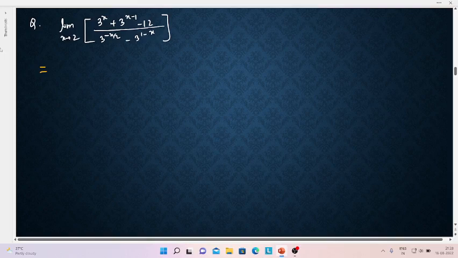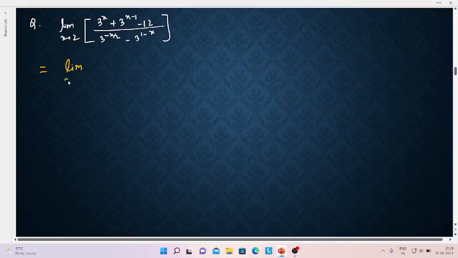So first of all, here you can see that we can't directly use the formula of a to the power x minus 1 by x or something like that, because this is a little bit complex function. So first of all, you have to make that particular function in the right way, so that you can think about it.